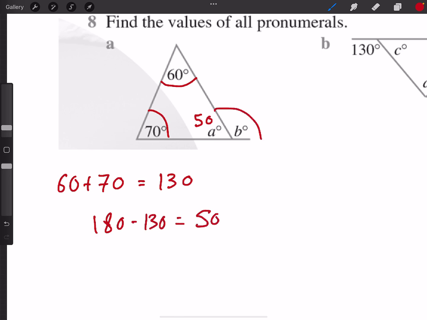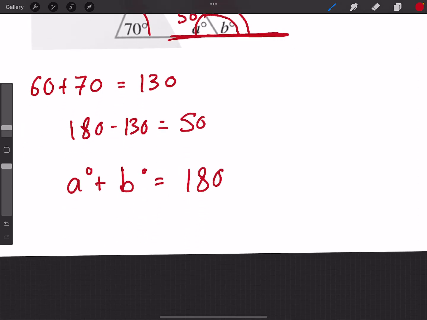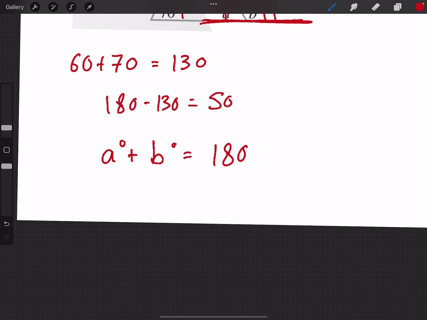And for B, we know that angle A plus angle B is equal to 180 degrees. Why? Because angle A and B combined together give us a straight line, and we know that a straight line is 180 degrees.